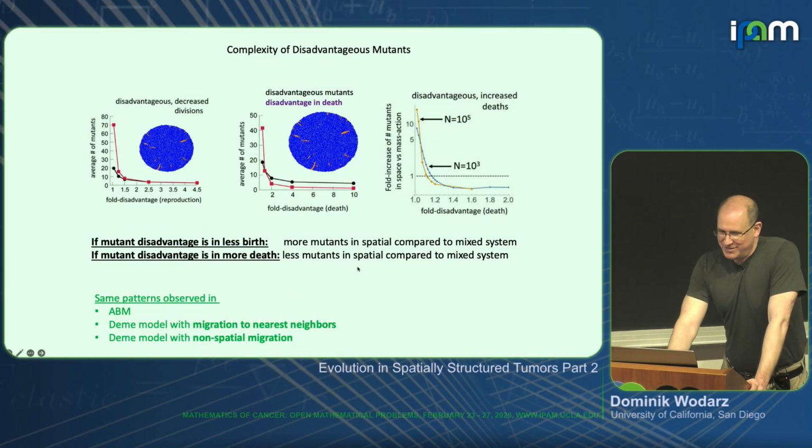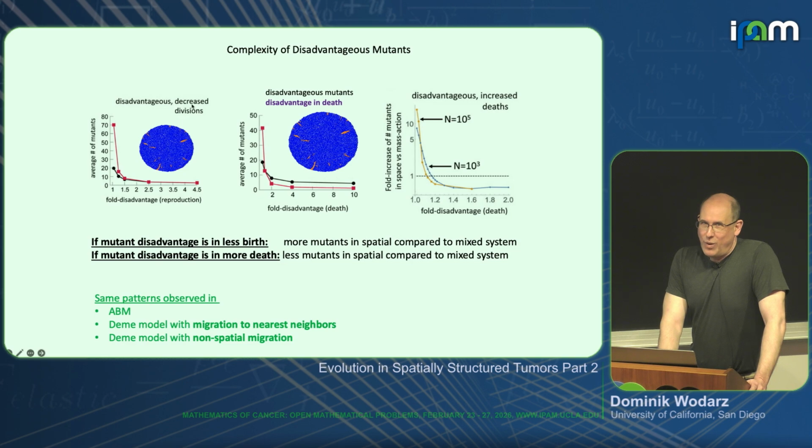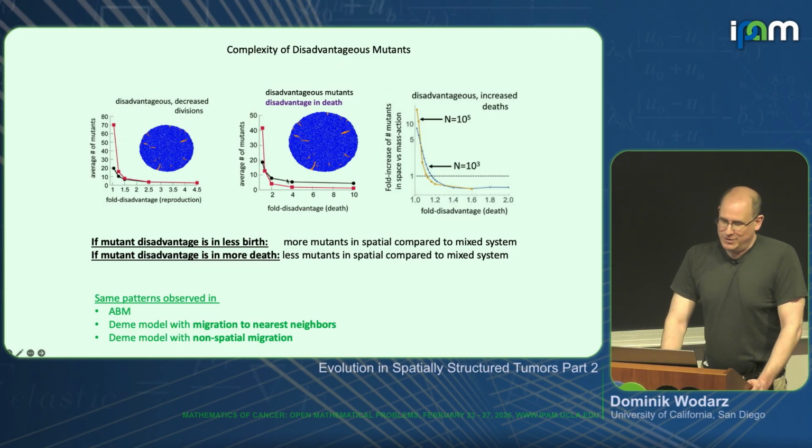There are some other interesting results that came out of this study, and it can be quite complicated. If you look at deleterious mutants, the result actually depends on where your disadvantage is. If a cell has a disadvantage in the division rate, then you can have many more mutants in the spatial system, the red, compared to the non-spatial system. But if the disadvantage is in death, then it's the opposite result. You have fewer mutants in the spatial system compared to the non-spatial system.